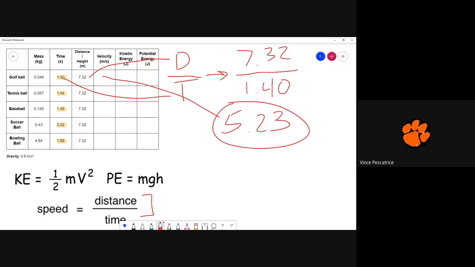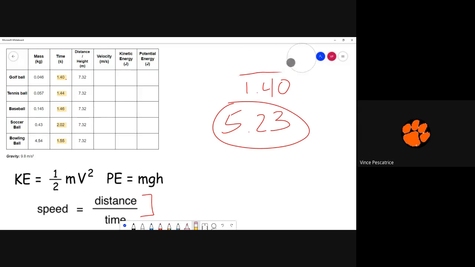So I'm going to take this back. I'm going to do some erasing. All right, so there's the first one.